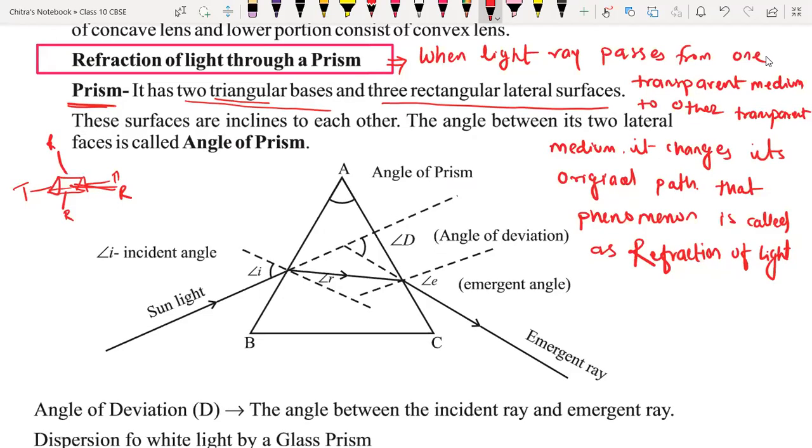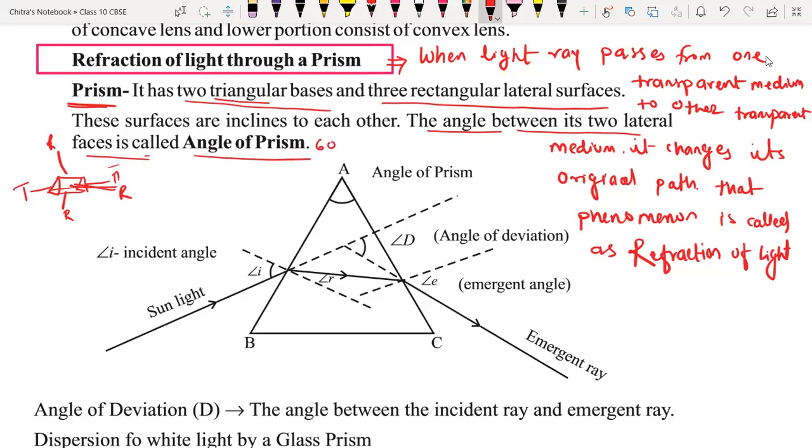All these five faces together form the prism, and it is made up of transparent material like glass or plastic. The surfaces are inclined on each other. The angle between the two lateral faces is called the angle of the prism, and generally it is 60 degrees.